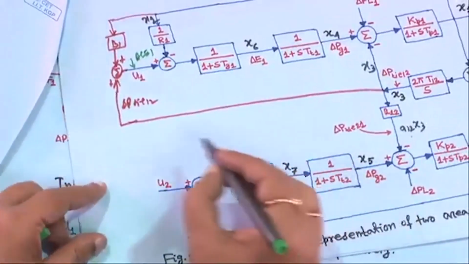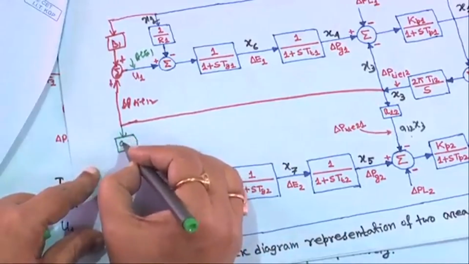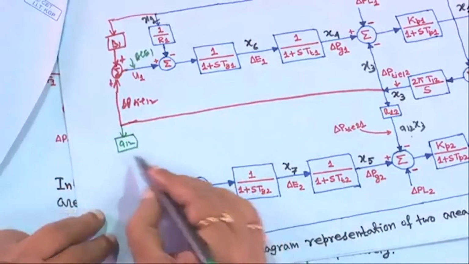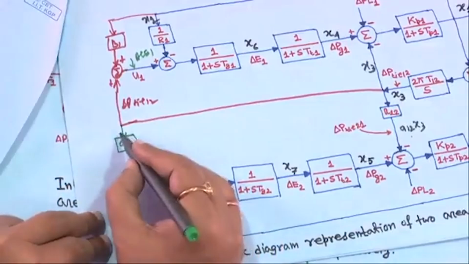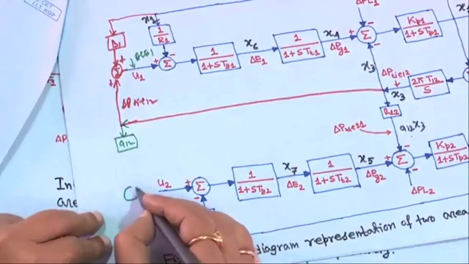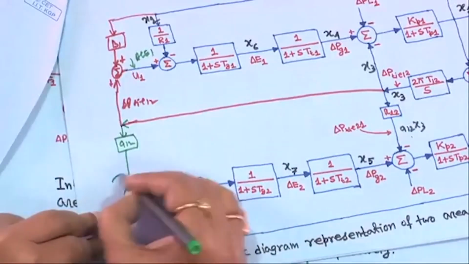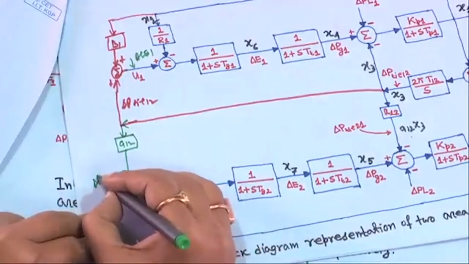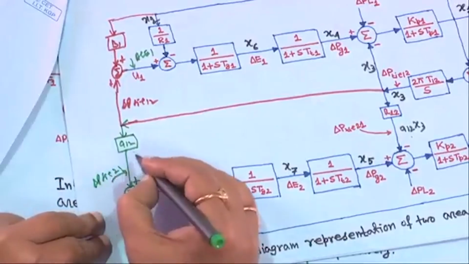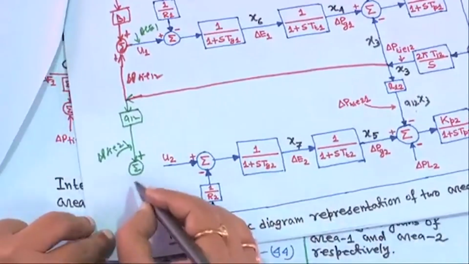Similarly, making it in green ink, this is A12, because this is delta P tie 2 1. So, delta P tie 2 1 is equal to A12 into delta P tie 1 2, and the frequency will come from here.